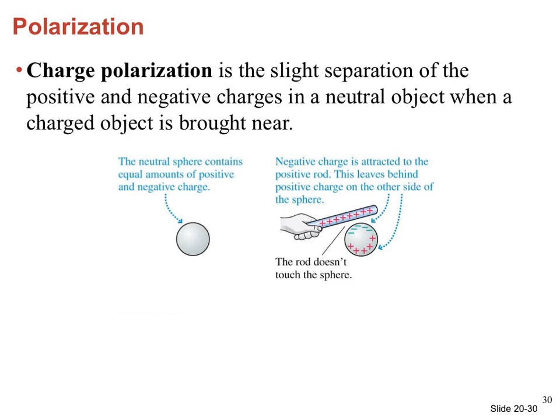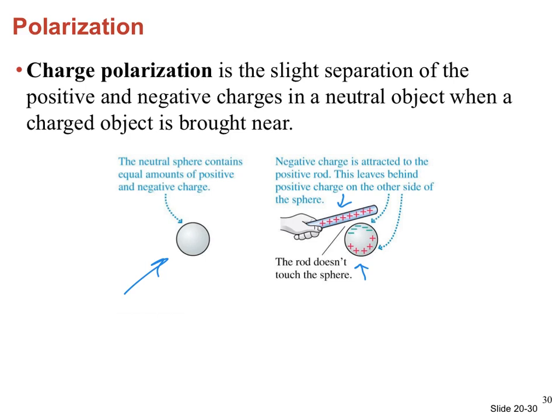All right, so our first lab is going to be getting into three main methods of charging. The first method is polarization. And polarization isn't actually transferring charge. It is a slight separation of positive and negative charges on a neutral object. So here I have a neutral sphere. Now, if I bring a positive rod close to that neutral sphere, we know that opposite charges attract. So in this neutral sphere, because it's a conductor, it allows charge to flow.